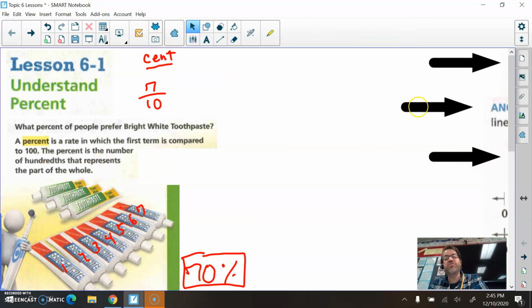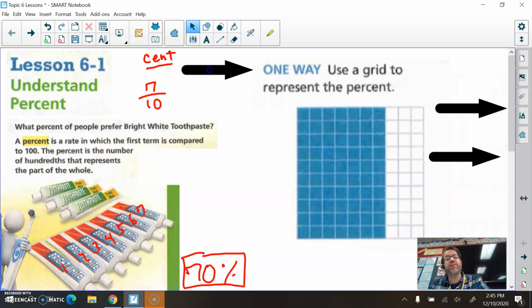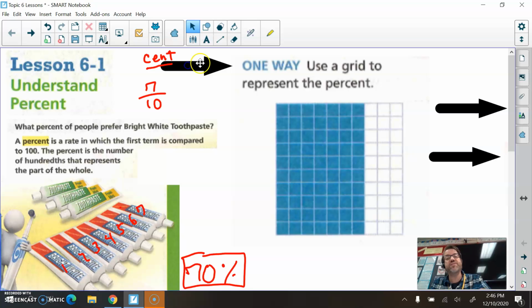Another way that I can show this is by showing it in a grid. Here I have a grid that is 10 high, it's 10 spaces wide, and to represent the 70%, we can shade in 70 of these small squares out of 100 squares, because remember, 7 out of 10, 70 out of 100 are equivalent values.